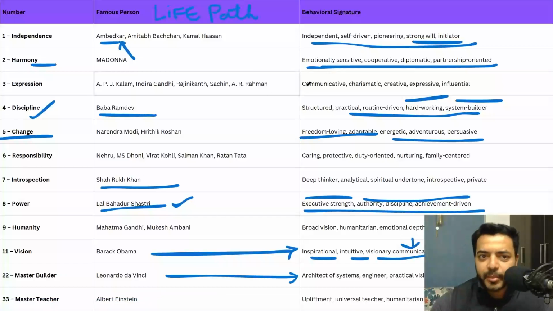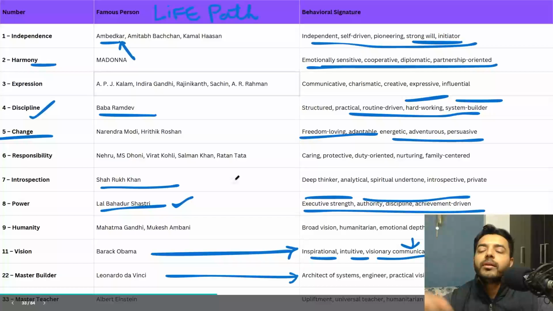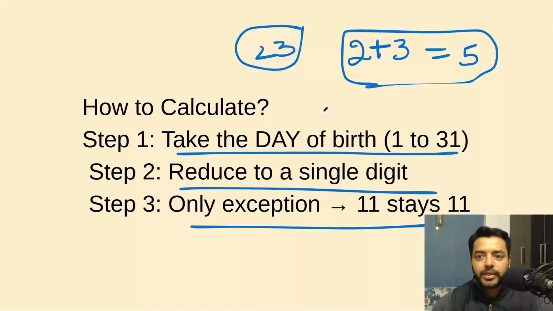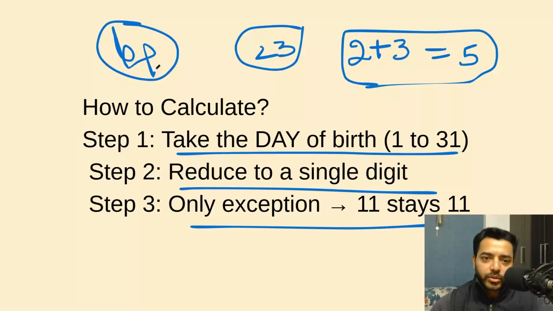So just remember each person for each number, and from that you can find out the characteristic, because you know Baba Ramdev, you know what he has done and achieved, so you will know that number 4 is this. So if I say birth date number is 4, right, then from the outside this person will look like he's structured, he's hardworking, he's everything that Baba Ramdev is, right?